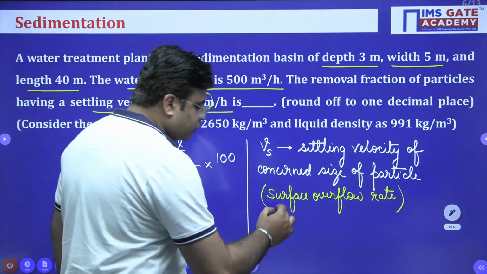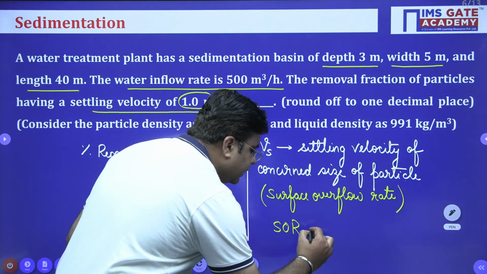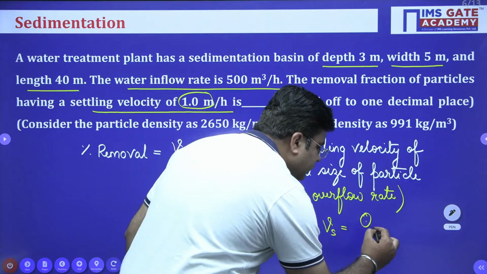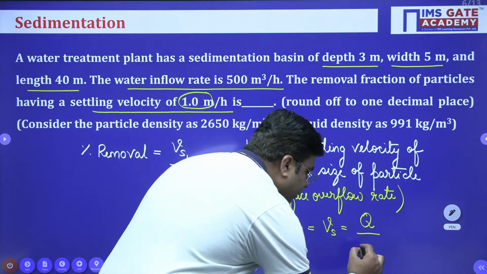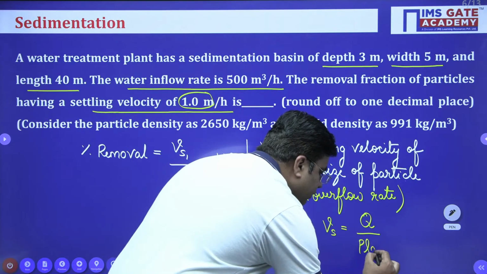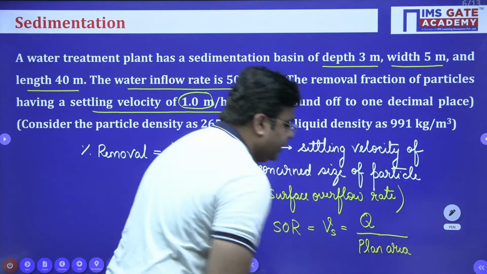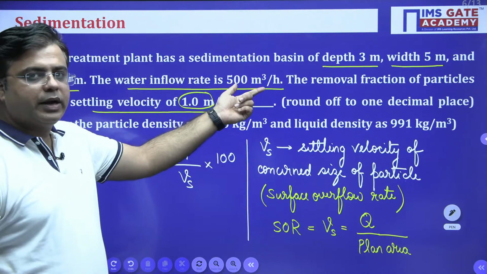Now the surface overflow rate, Vs, is equal to the design discharge, the discharge entering the sedimentation tank, divided by the plan area. The discharge entering the tank is given as 500 meter cube per hour.